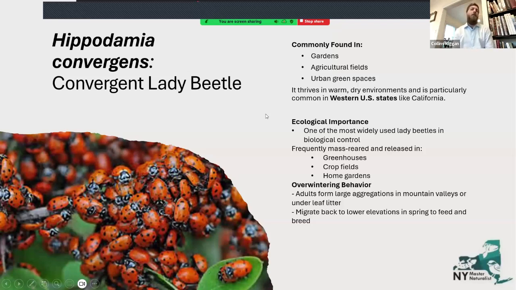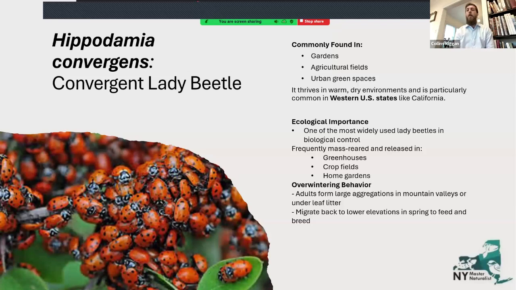So they're going to be found in gardens, agricultural fields, urban green spaces. They really like dry environments compared to some other ones. So you'll often see them in Western US states, specifically California. They are one of the most widely used lady beetles in biological control, which I've got a little video to show later on.